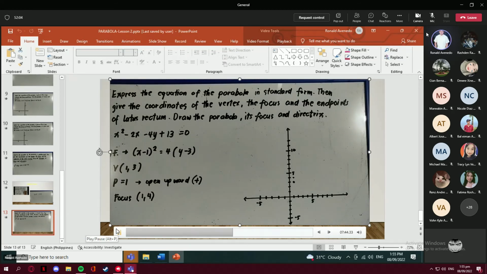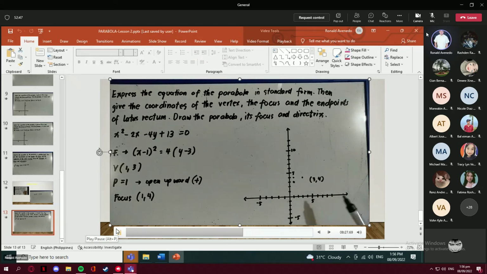To find the endpoints of latus rectum, since p is 1, so times 4, then divided by 2. Always times 4, then always divided by 2. So 1 times 4 is 4, divided by 2 is 2. So it means that from the focus, we will just count 2 to the right and 2 to the left. So to the right, 1, 2. This is the first endpoint, which is x is 1, 2, 3, then y 1, 2, 3, 4.